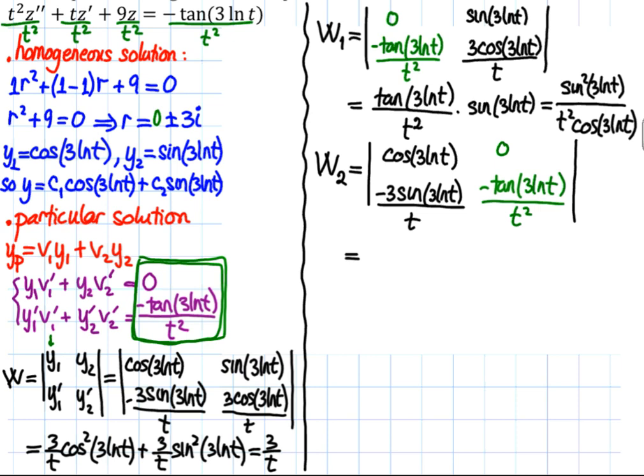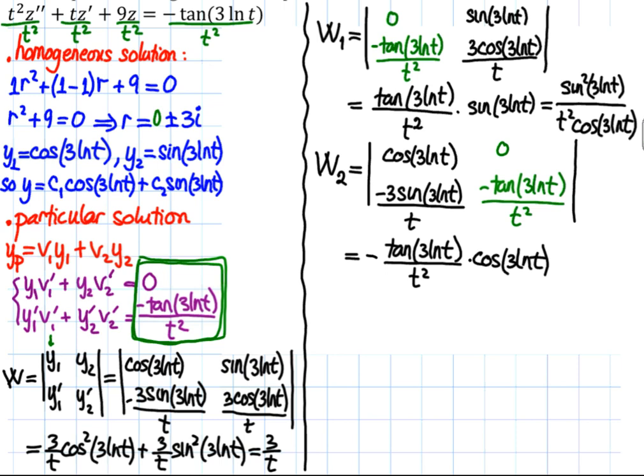The 2 by 2 determinant gives us just negative tangent of 3 ln t over t squared times cosine of 3 ln t.